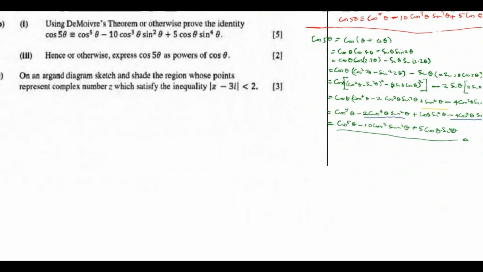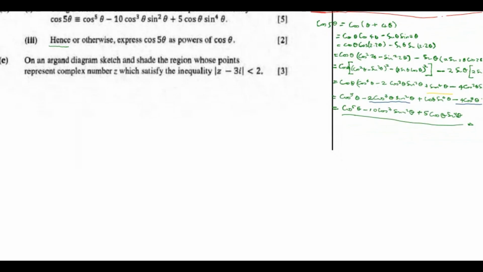So it means here we are going to apply the hence. I'm going to limit this one to the hence. The or otherwise means we could use any identity, but it was going to be very long. Now on this one, we are having that is B part 2.